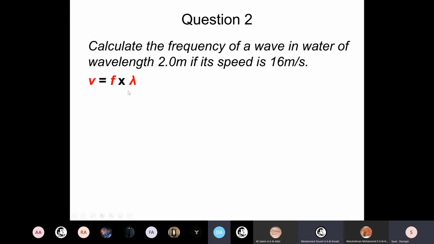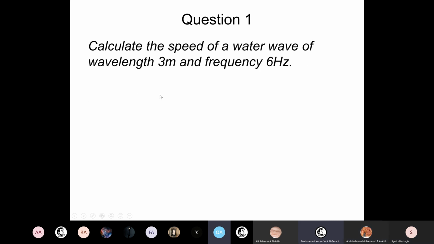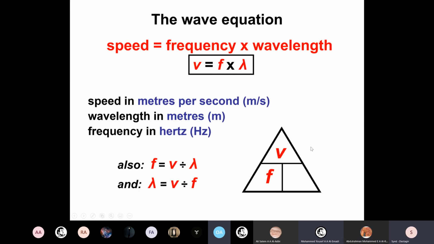You said divide. Why did you do divide? Because I went back to the triangle, and if I removed it, it will be. Okay. So the question's asking us for the wavelength, right? No, sorry, the speed. Okay. We cover speed here. What's left? Frequency times wavelength.